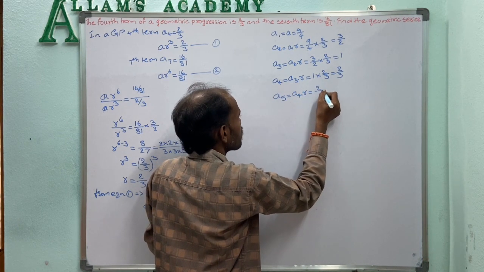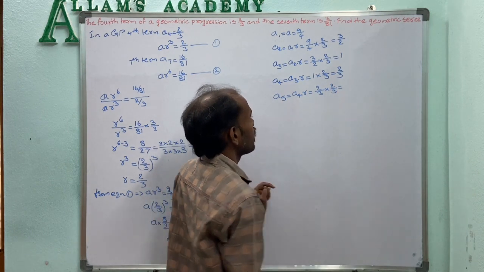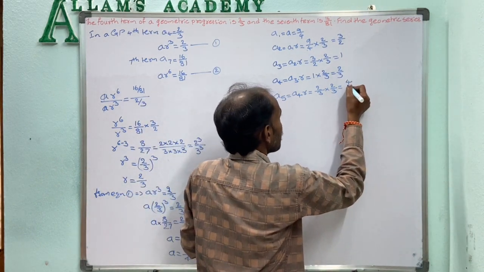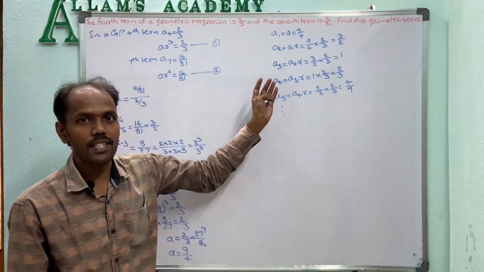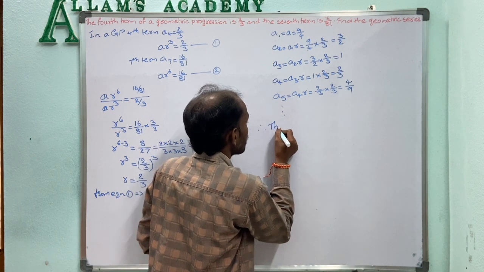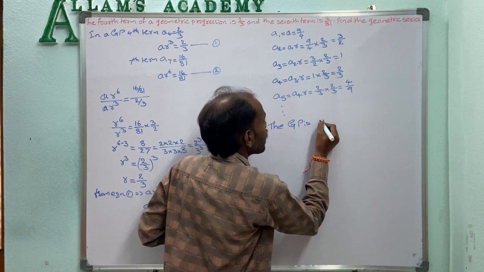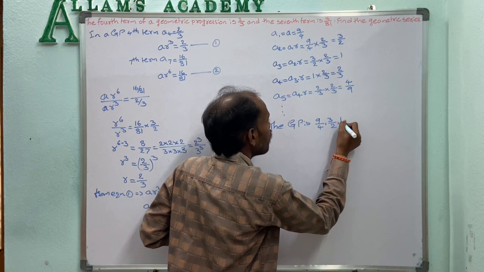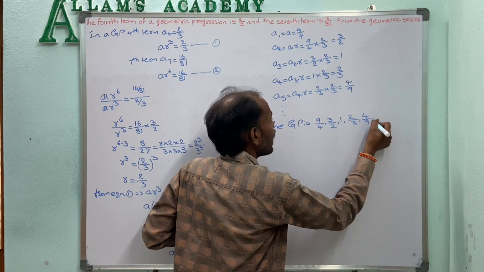The fourth term is 2/3 and the common ratio is also 2/3, so 2/3 times 2/3 is 4/9. And so on, we can write the terms. Therefore the geometric progression is 9/4, 3/2, 1, 2/3, 4/9, and so on.